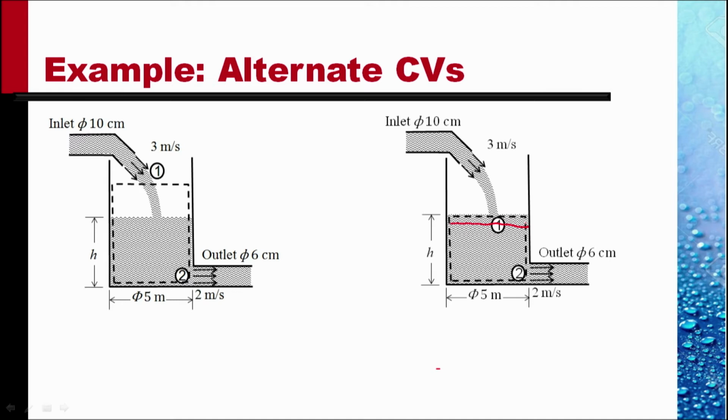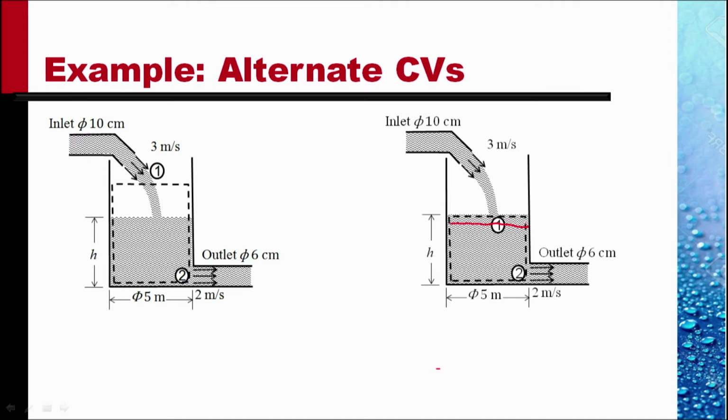Yes, we can apply it. But we must realize that while calculating the influx and efflux, we must take the velocity of the fluid relative to the control surface. Here, the control surface is moving up at the rate dH by dt.